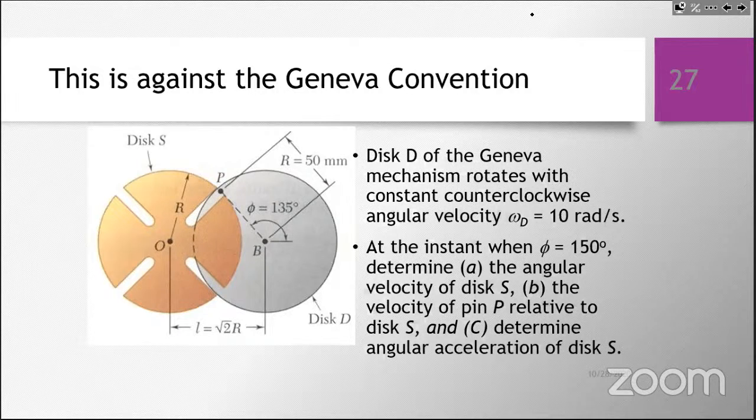And then once it gets down to this position, the pin will exit here, go around again. And so every time disk D rotates once, you get a quarter turn on the Geneva mechanism. You use this for timing.